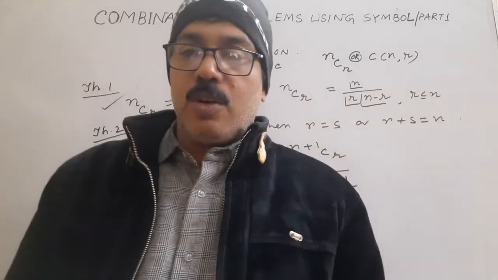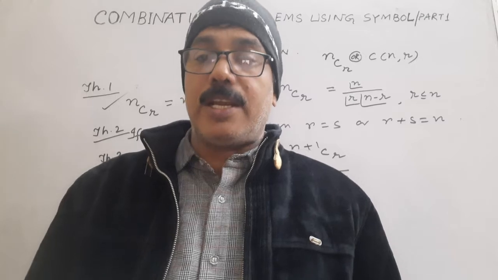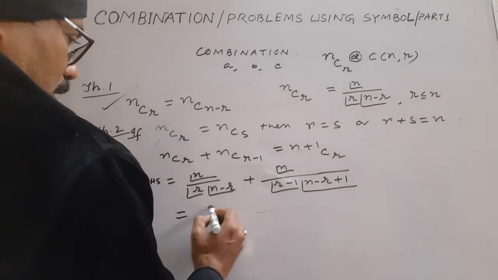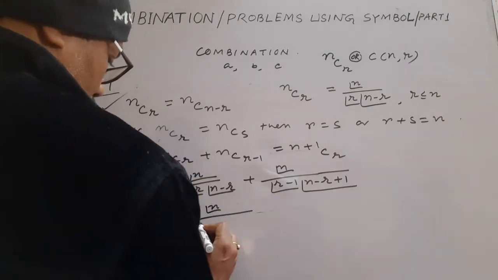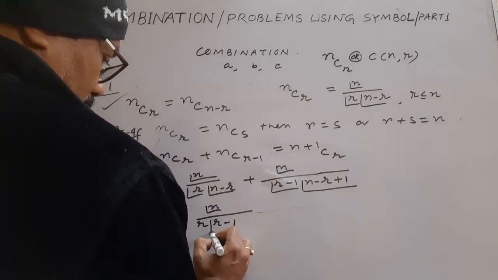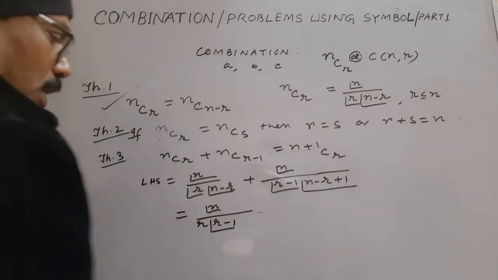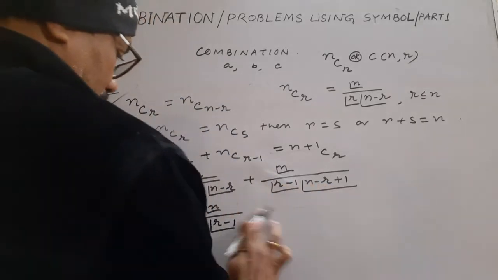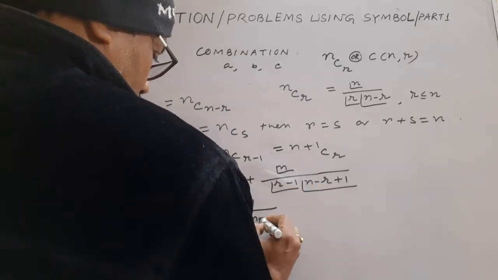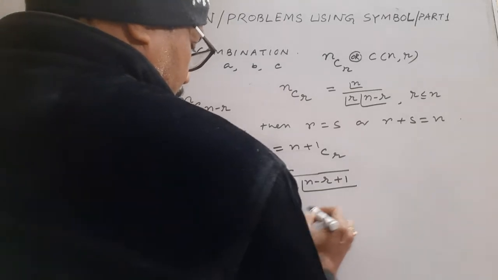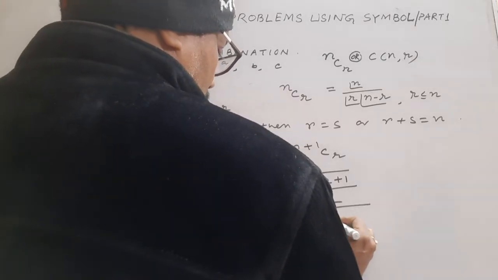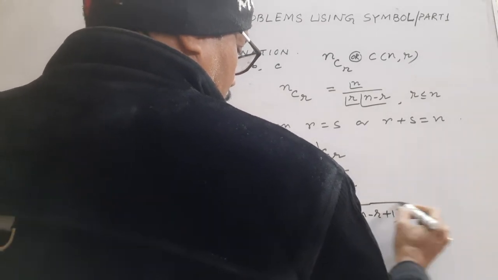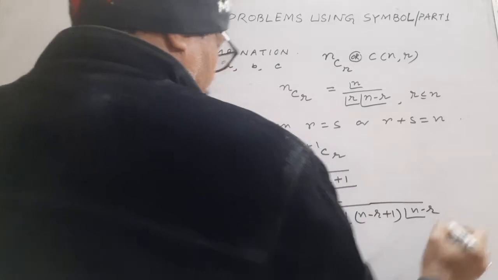The rule is that we have to expand the greater factorial. Of r and r minus 1, r is greater. Of n minus r and n minus r plus 1, n minus r plus 1 is greater.